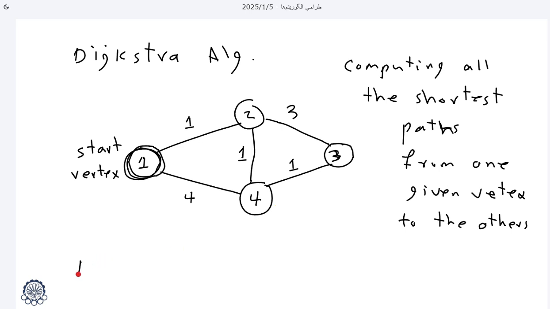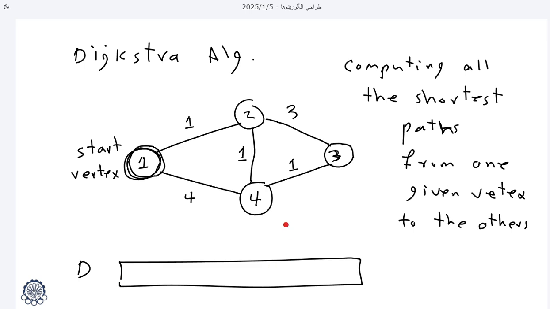At the first step, we consider a linear array, a one-dimensional array that has 4 rooms. The number of rooms of the array is equal to the number of vertices. We have 4 vertices, so the array has 4 rooms.